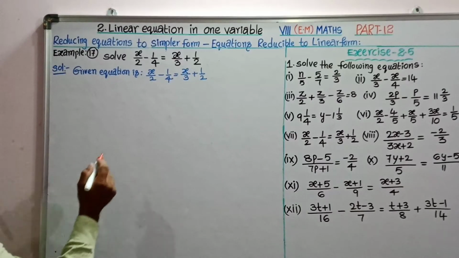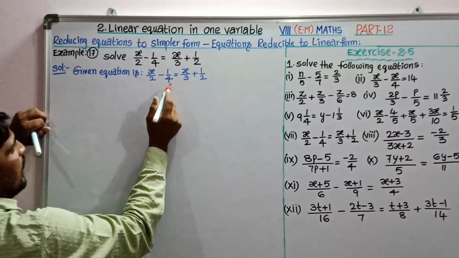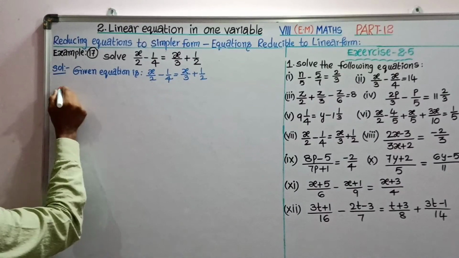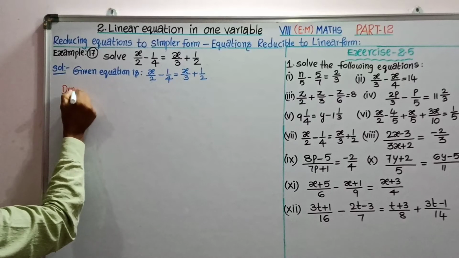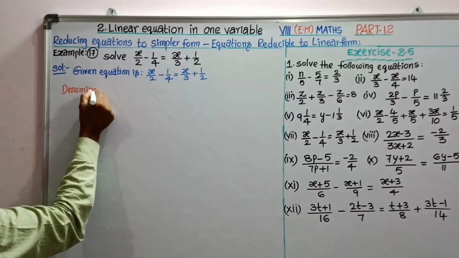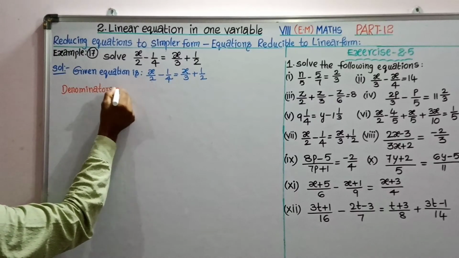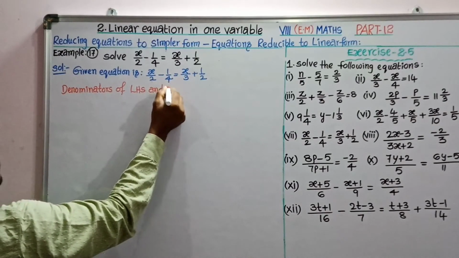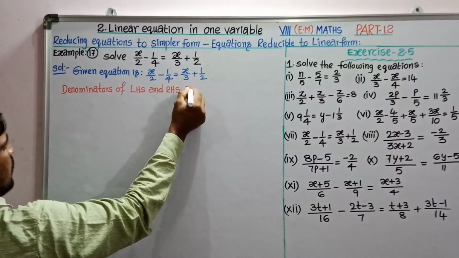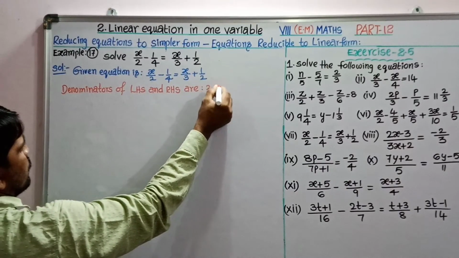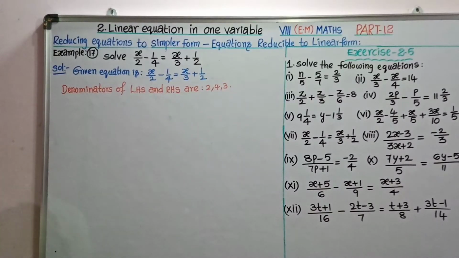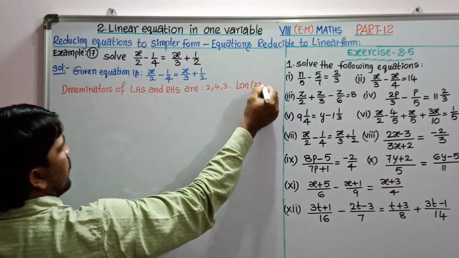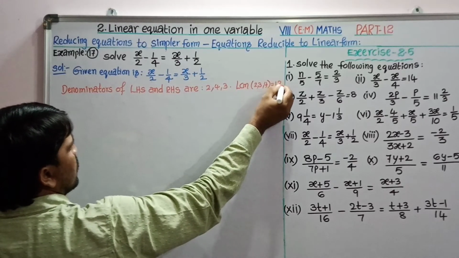Now, denominators of LHS and RHS are 2, 4, 3, 2. So denominators of LHS and RHS are 2, 4, 3, and the LCM of 2, 3, 4 is equal to what? 12.